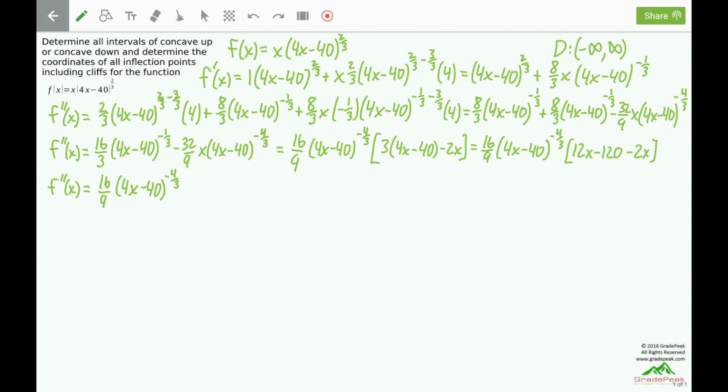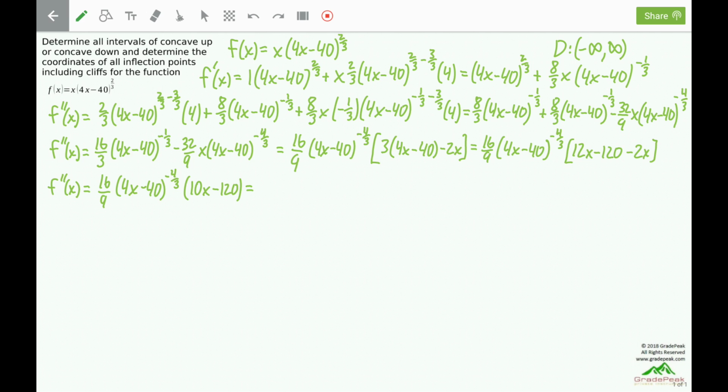and inside the square brackets we can combine like terms together. I will change this into parentheses now. 12x minus 2x will be 10x, and then minus 120. There's a common factor of 10 there that can factor out. It will move all the way to the front to multiply with the 16/9.